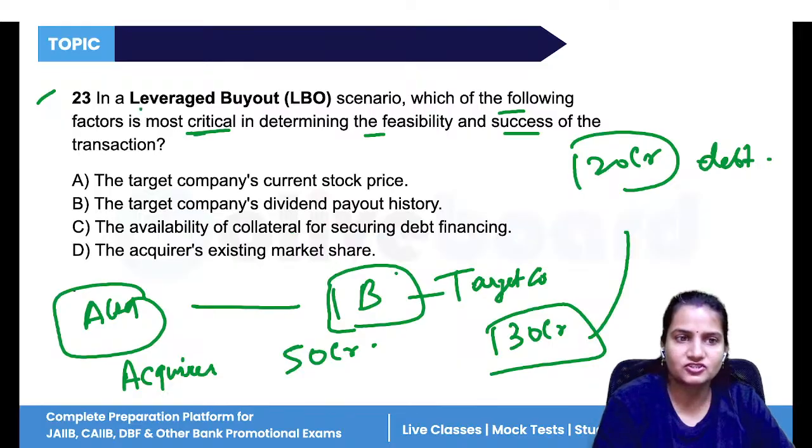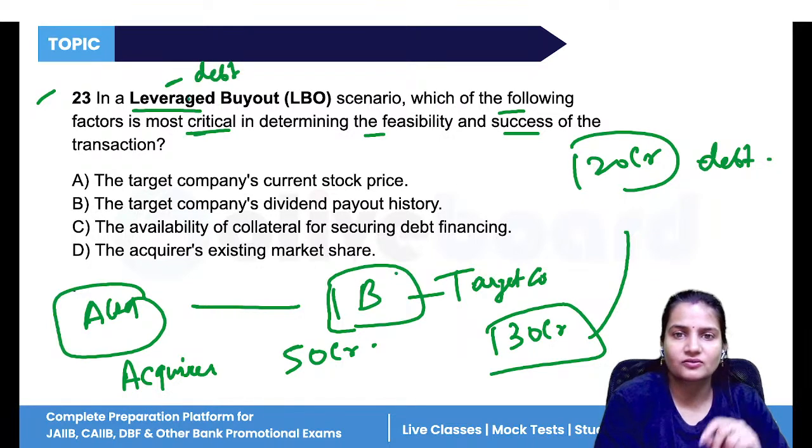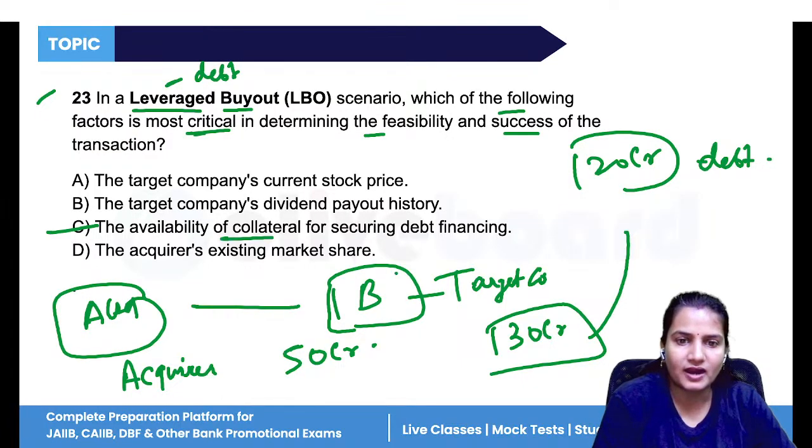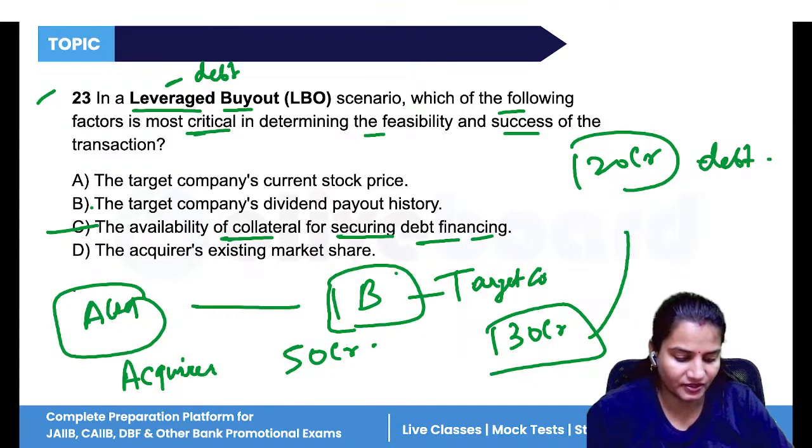So leveraged buyout means, leverage means what? A support provided to you. Support is given by the bank, that is debt. So taking the help of debt and then purchasing another company is called leveraged buyout. So the availability of collateral for securing debt financing is the key factor.